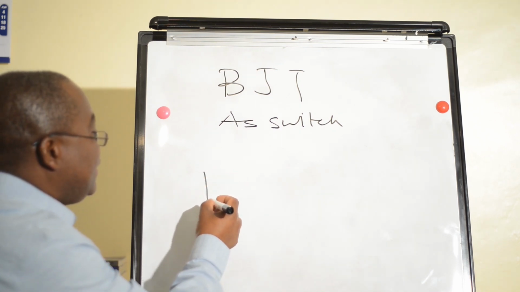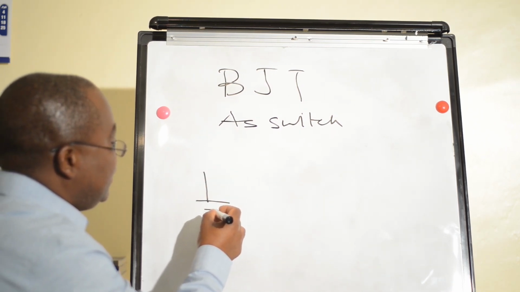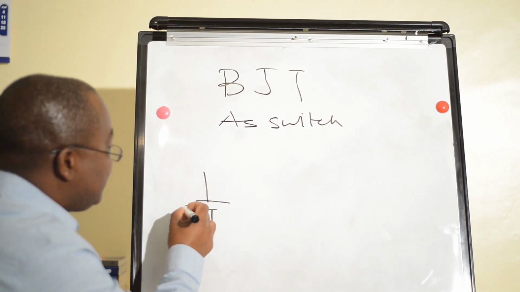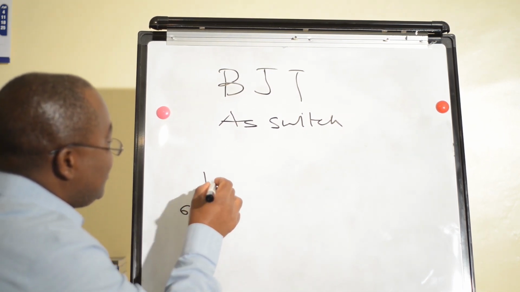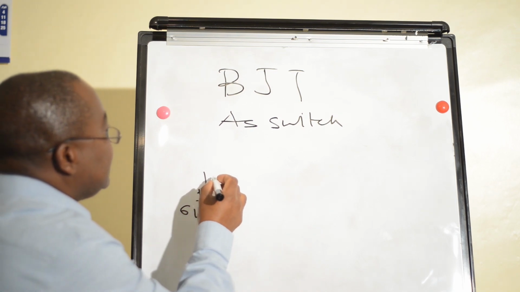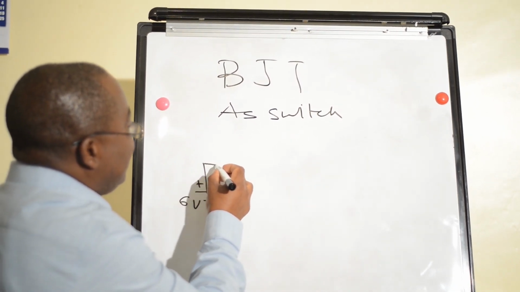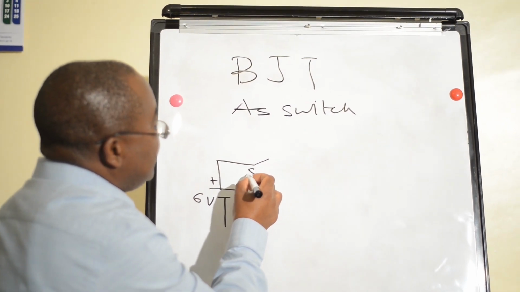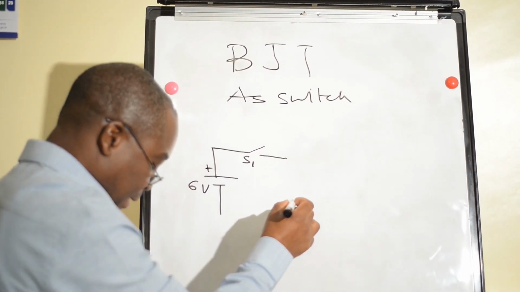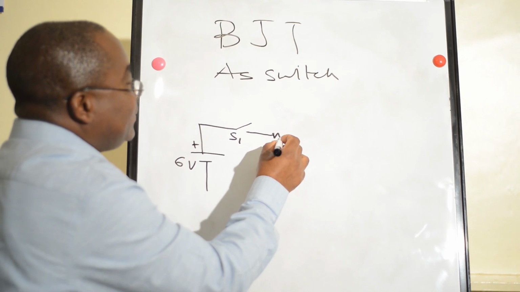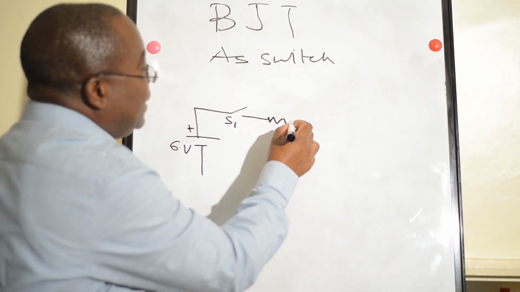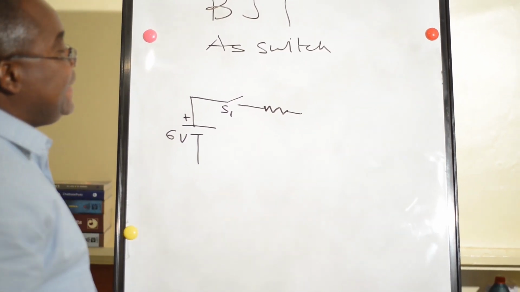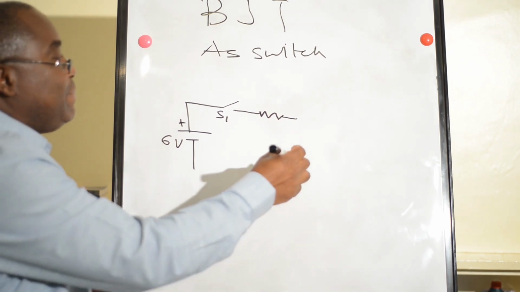Let's have our source here, a 6-volt battery source, and here we'll have our switch, let's say S1 switch, and here we'll have our current limiting base resistor.